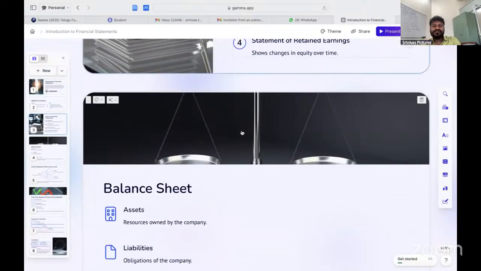And the next one is the methods of financial statements. Methods of financial statements, I already explained that.